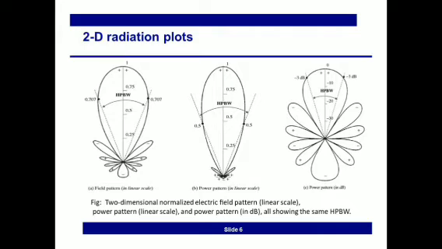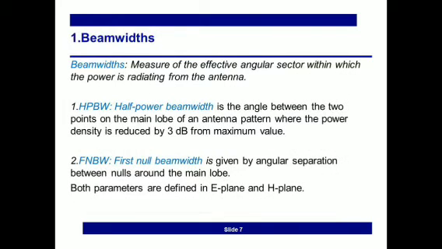Also, we can find the half power beam width in the decibel scale, but in this case the half power points become minus 3 dB points, as 10 log of 0.5 becomes minus 3 dB.